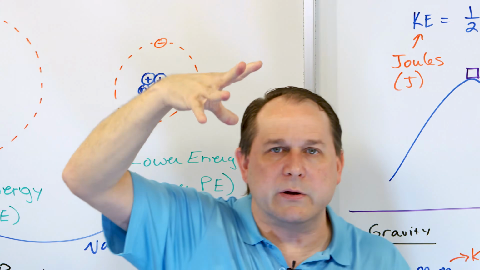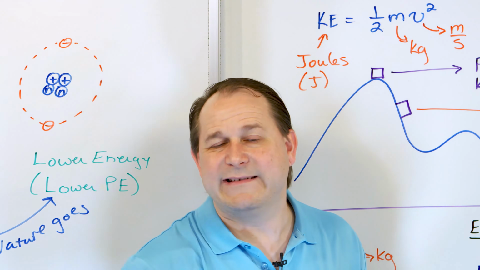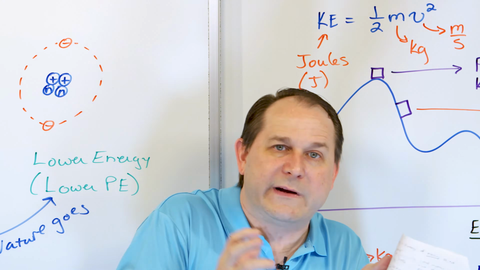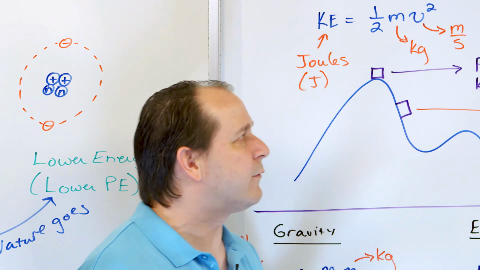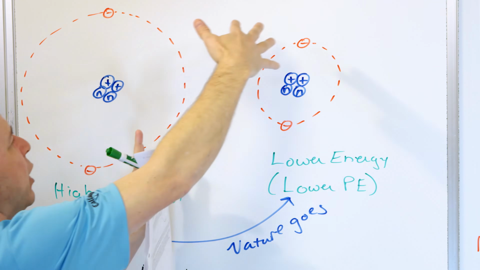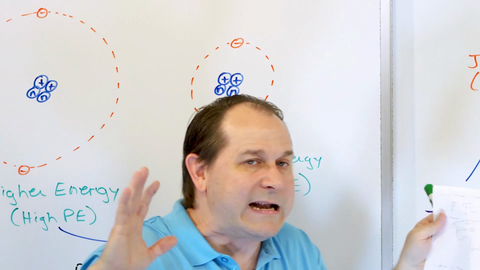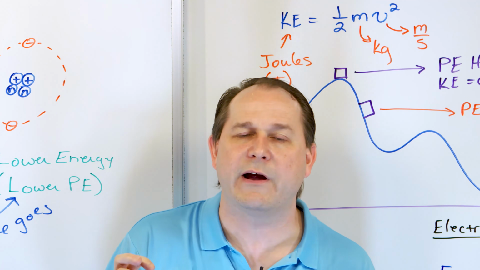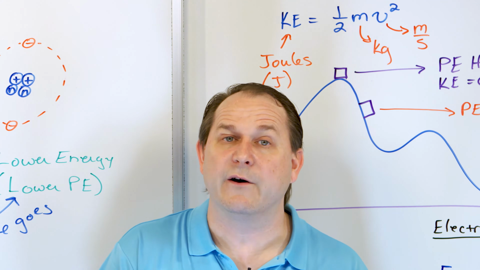Think about if you drop a bowling ball and it accelerates down and smashes into the ground, it creates heat and vibrations when it hits the ground, right? Well, if you allow these things to rearrange and the electrons crash into a lower energy configuration, you can think of them as crashing in and causing vibrations, and that manifests itself as heat.